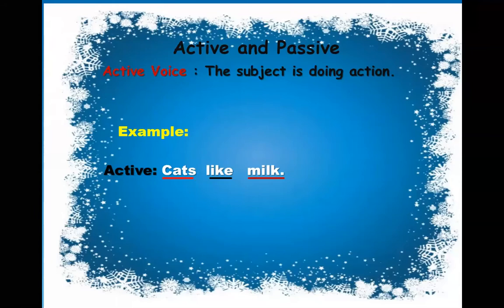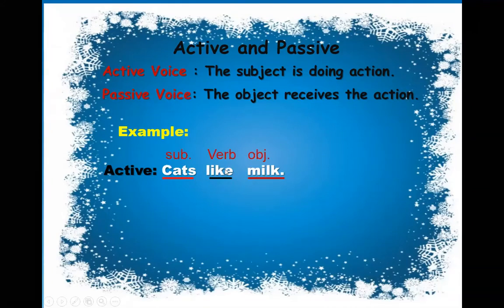Okay, let's complete. Passive voice is when the object receives the action. We start with the object. We change the place of the subject to be in the place of the object, and the object will be in the place of the subject. Okay, let's try to change this sentence to be passive.